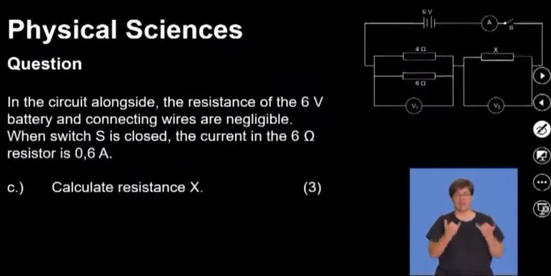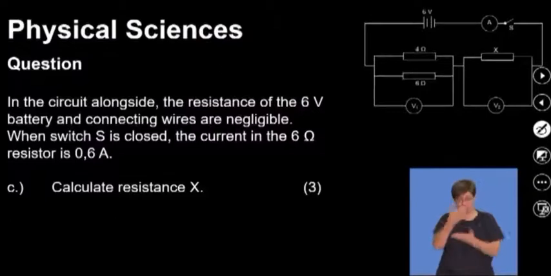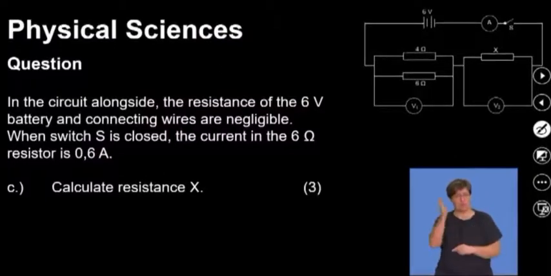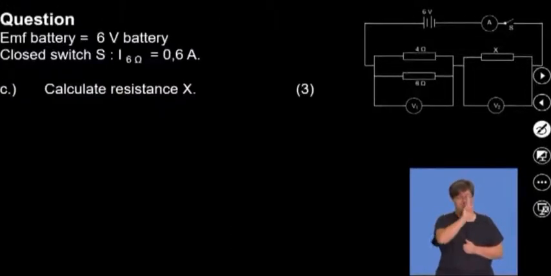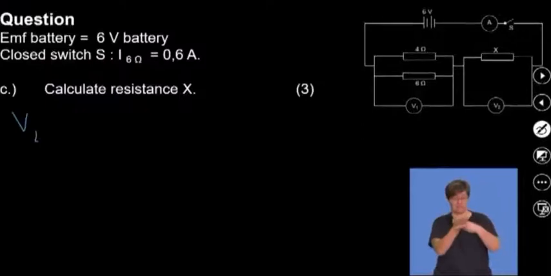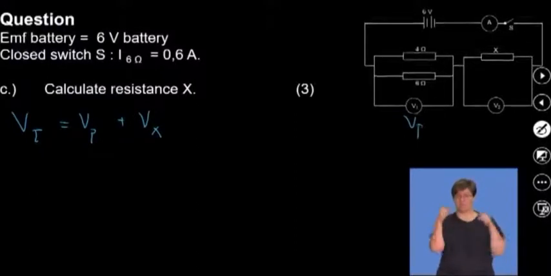Moving along, now we want the resistance of X. Resistor X is of an unknown resistance, but we know something about V2. The total voltage in this circuit, V total, is split between V parallel plus Vx. This V parallel is your V1, the voltage across the parallel combination of resistors.